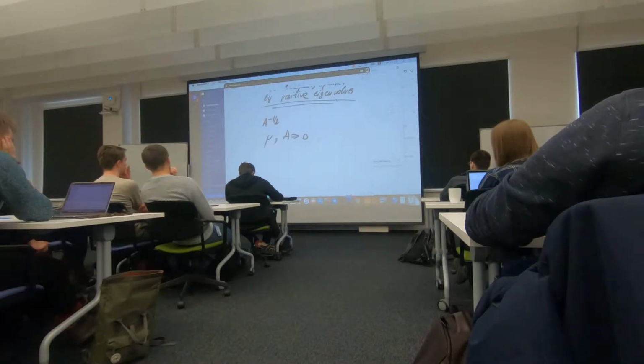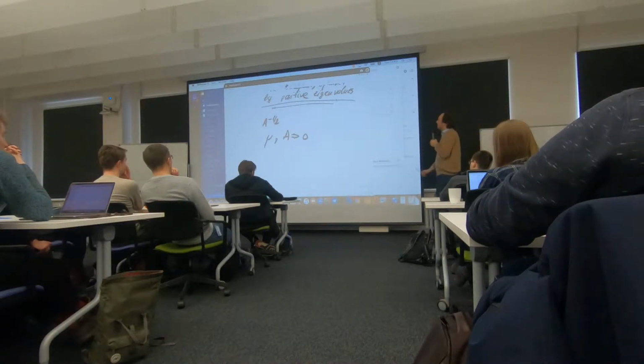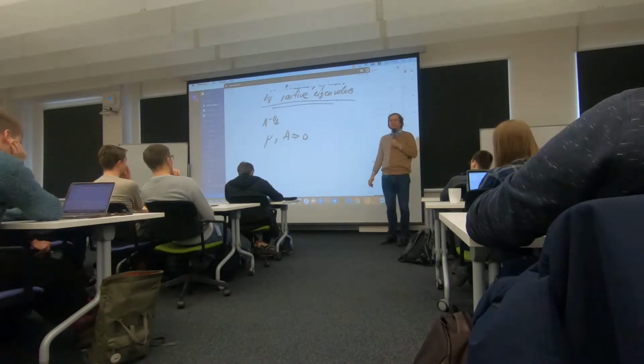Right? Now the question, how to sample from a multivariate Gaussian distribution? If you know how to sample from a standard normal distribution, how can we sample from a distribution with a given covariance matrix?